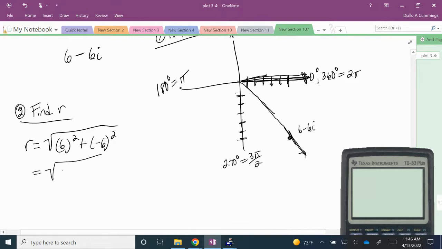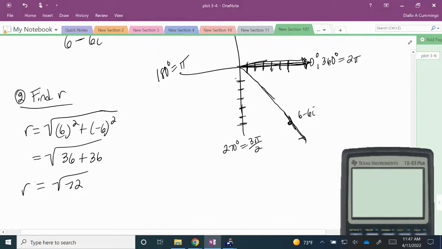That's equal to the square root of 36 plus 36. Adding 36 and 36, we have 72. So R is equal to the square root of 72.